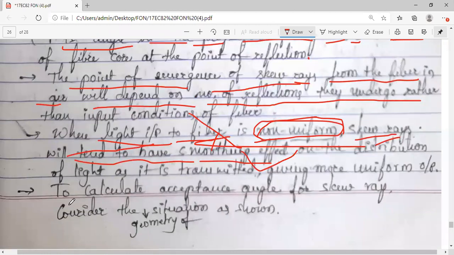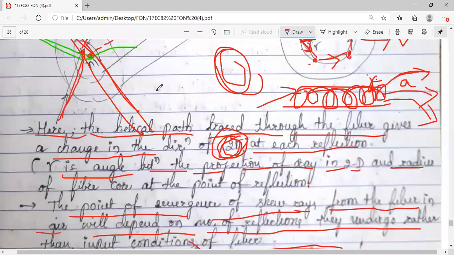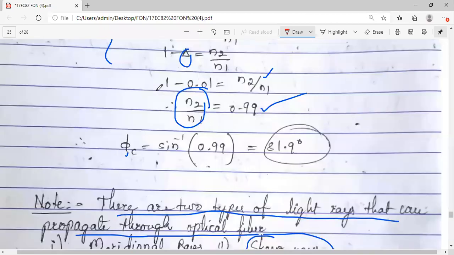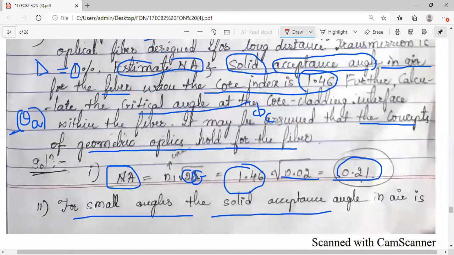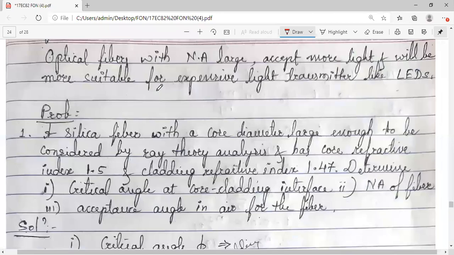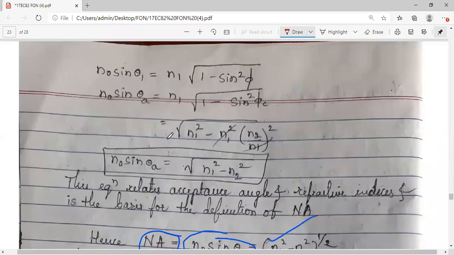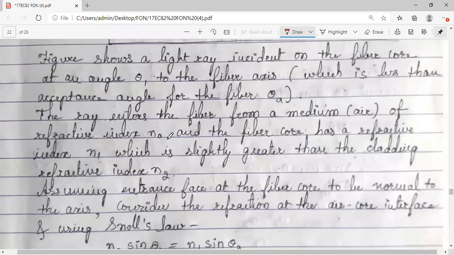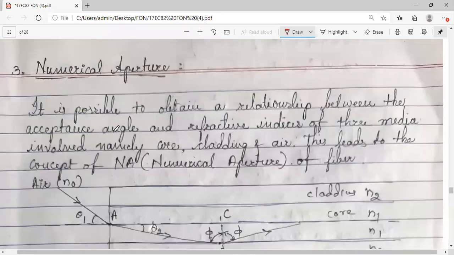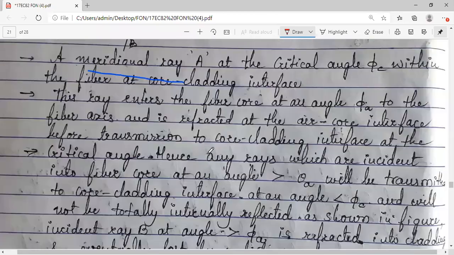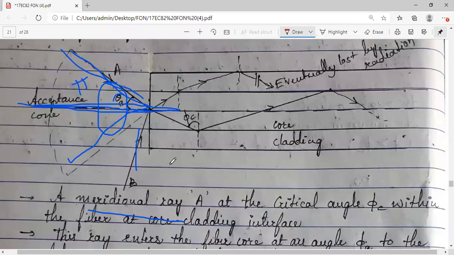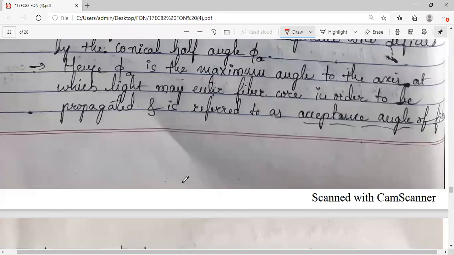Okay. Now, important thing: just like in meridional rays, we calculated the acceptance angle, if you remember. This was numerical aperture. Theta A was the acceptance angle.